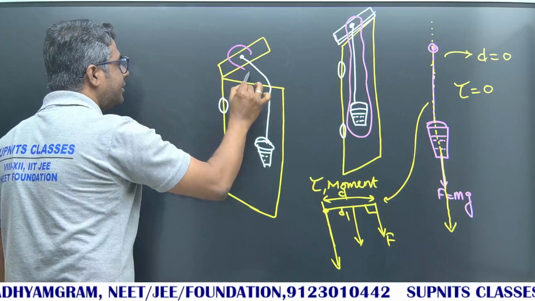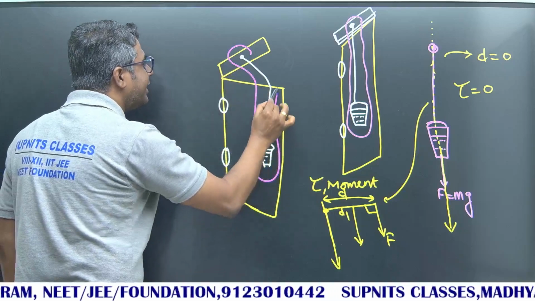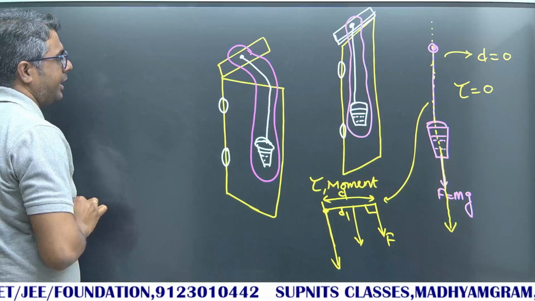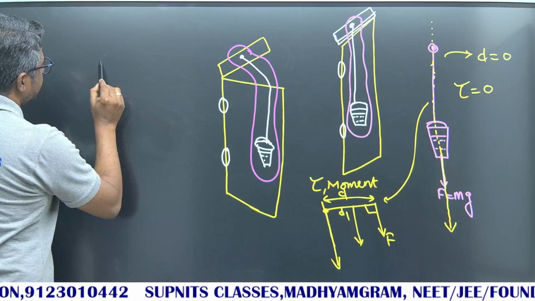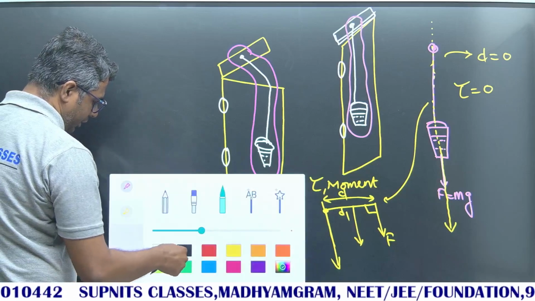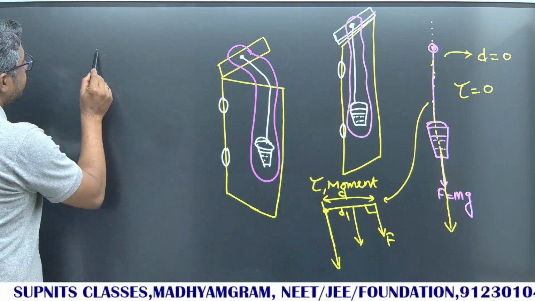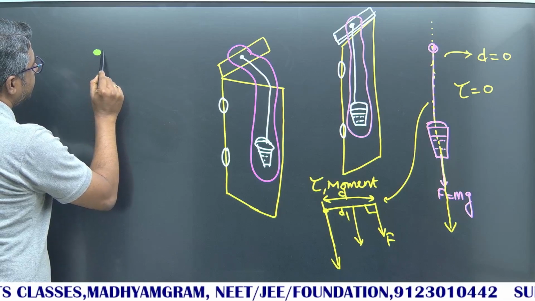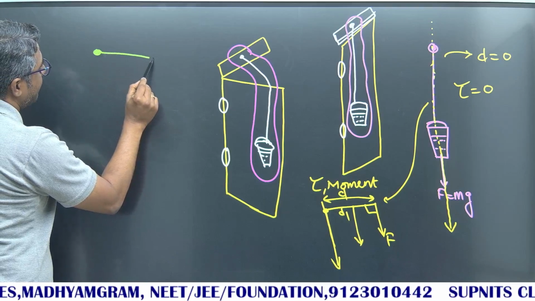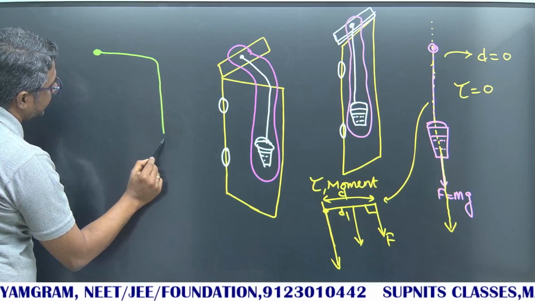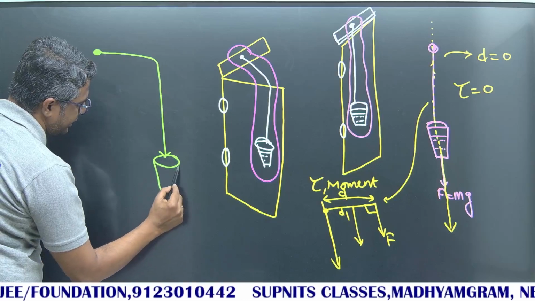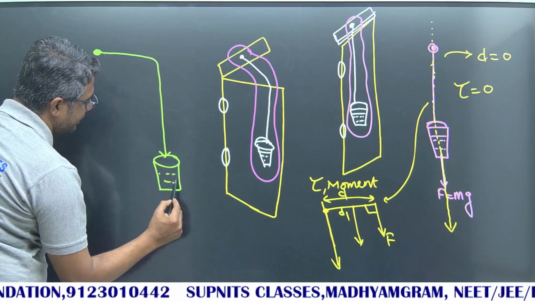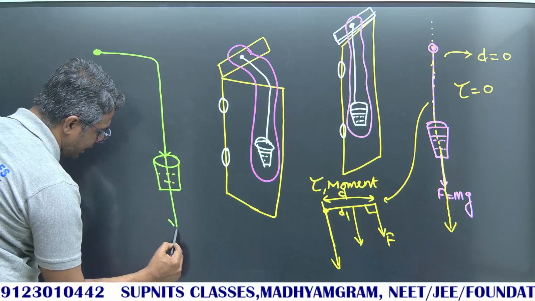If I try to draw this part separately, then what happens? So, this is my pivot. Now, the rope has become like this and this is the tumbler force, that is acting like this. So, the force is now here.